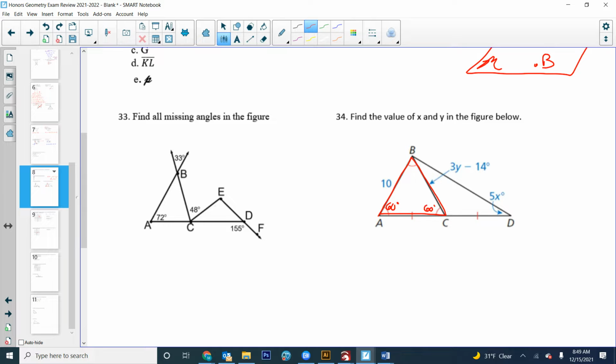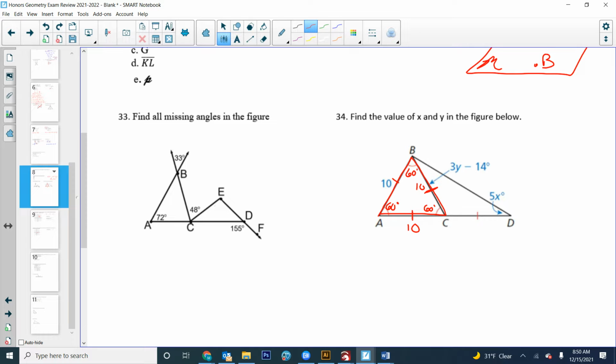An equiangular triangle is always going to have 60, right? How else can your 3 angles add up to 180, all 3 equal, and not be 60? You can't. They have to. If they're all 3 equal, they're all 60 always. But it's also equilateral. So 10, 10, 10.